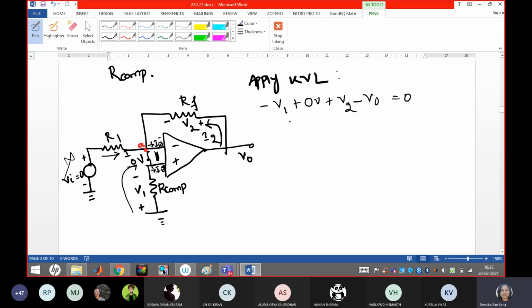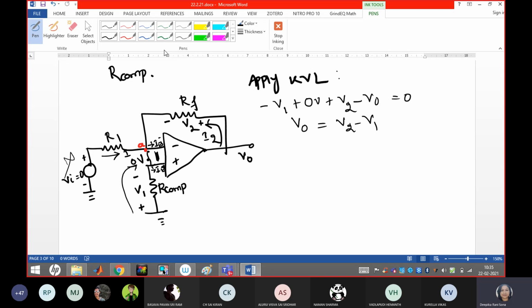So here I can check V0 equal to V2 minus V1, yes or no? So by selecting a proper value of the compensating resistor R comp, V2 can be cancelled with V1 and the output voltage V0 will become 0.